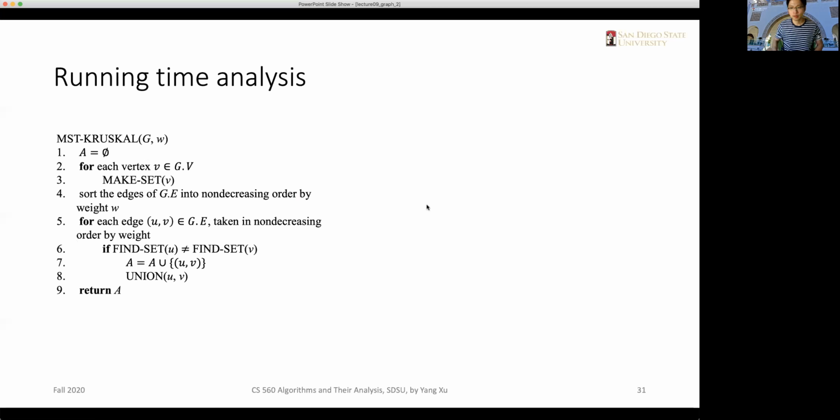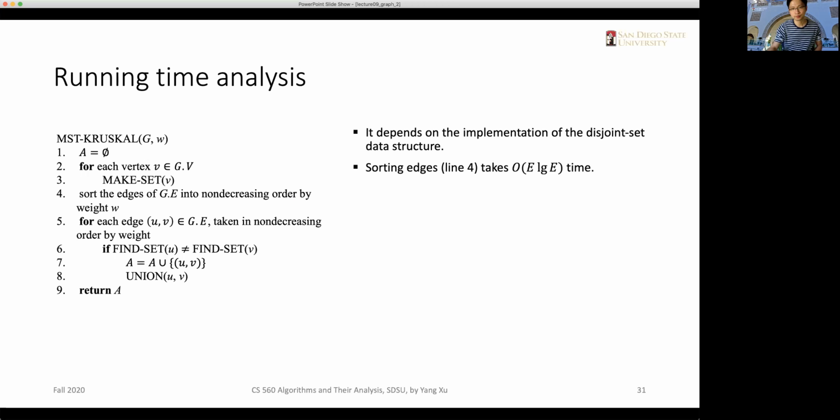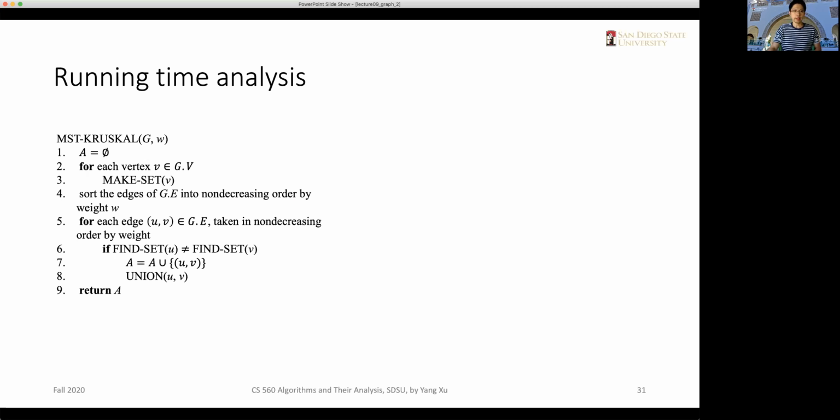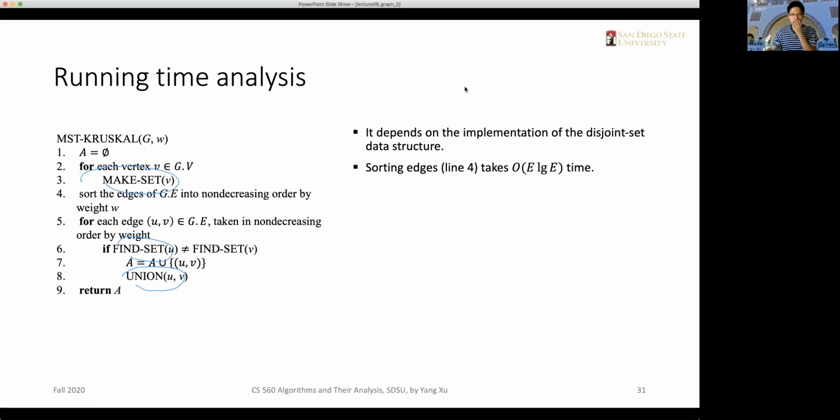So if we analyze the running time a bit, it actually relies heavily on the efficiency of the disjoint set data structure that we implement, because these make set, find set, and union set operations all cost some running time. And sorting the edges will take time too, right?